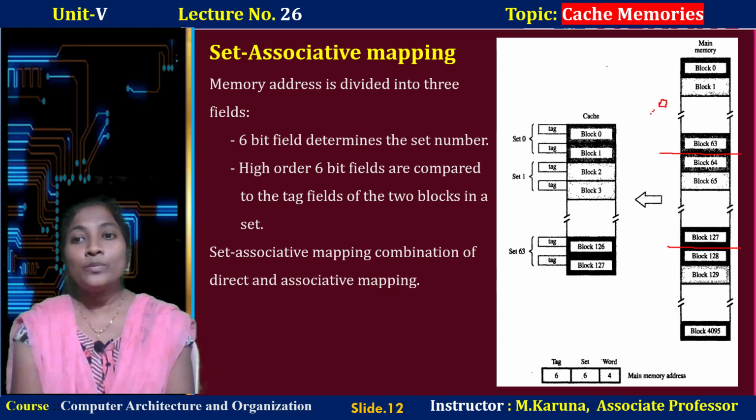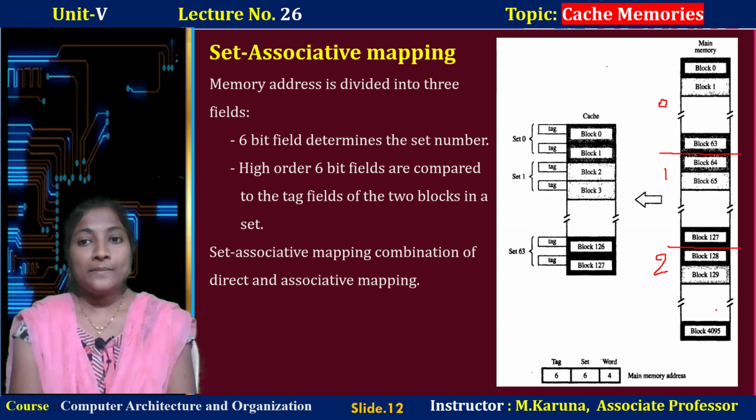Each group is assigned a tag. First group is assigned tag 0. Next group is assigned tag 1. Next group is assigned tag 2 and so on. So a total of 64 tags are required to access all these 64 groups from main memory.